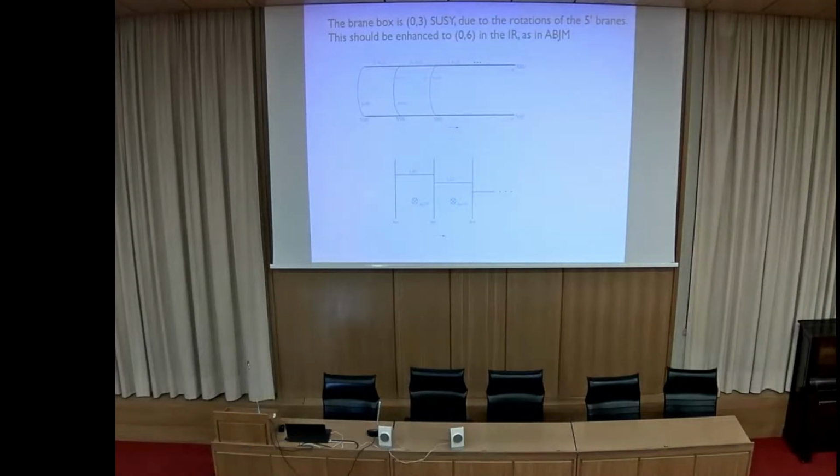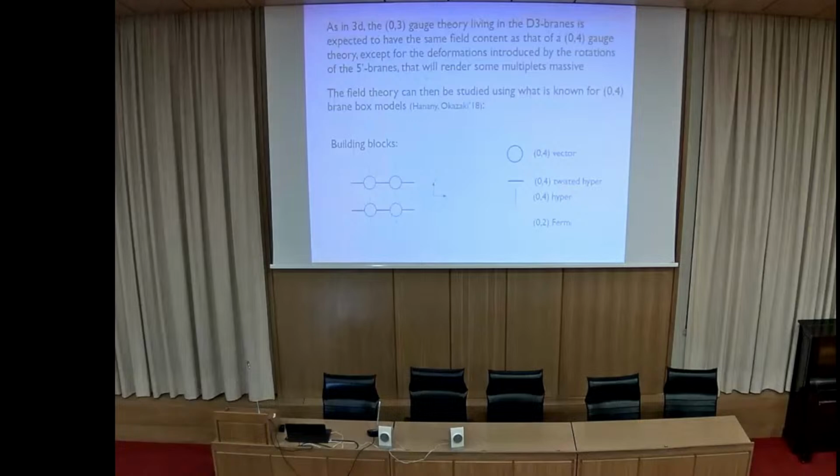Okay, so this section is a complicated one, a brane box model, and they preserve (0,3) supersymmetry, and not much is known about 2D (0,3) gauge theories.